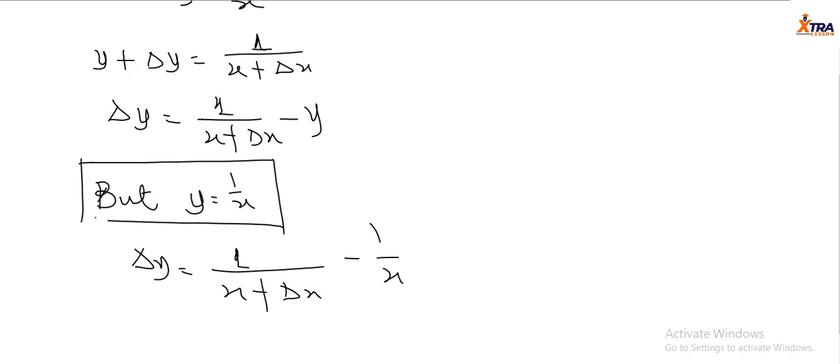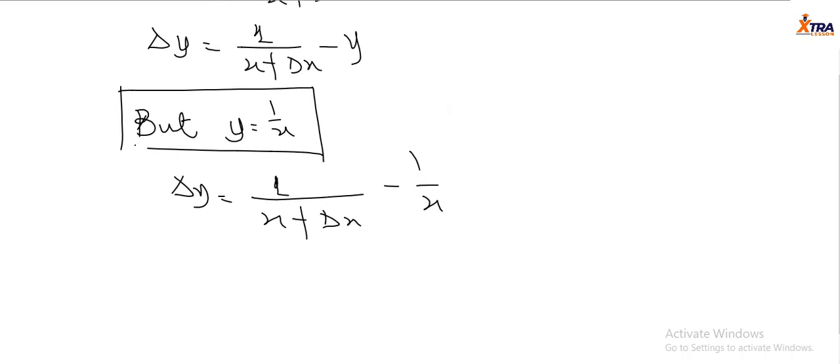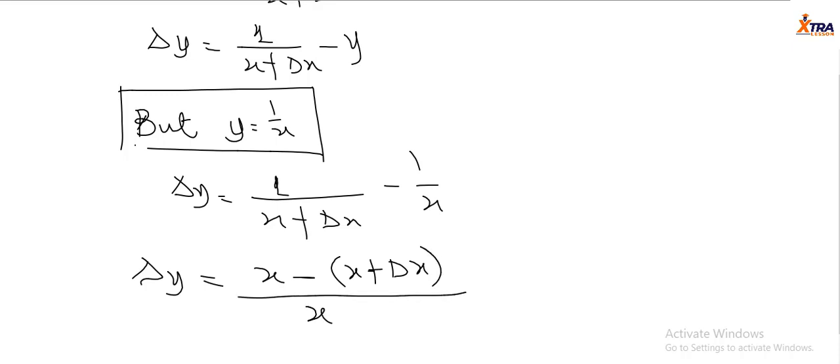So the next thing is I find the LCM. We have delta y equals the LCM: x minus the bracket x plus delta x, over x into bracket x plus delta x.